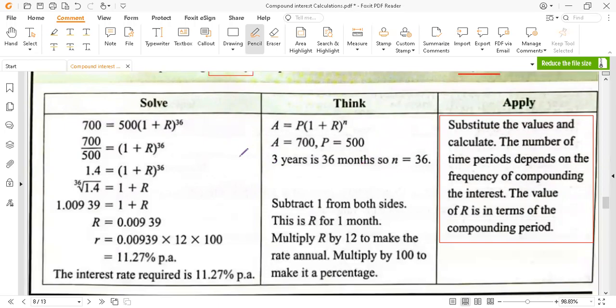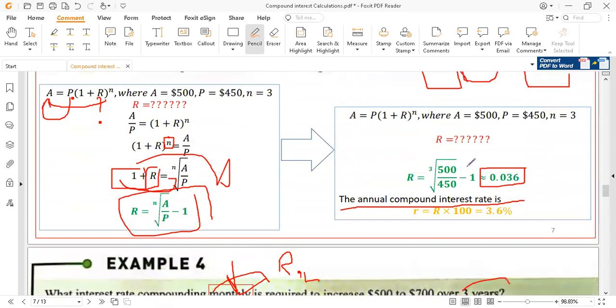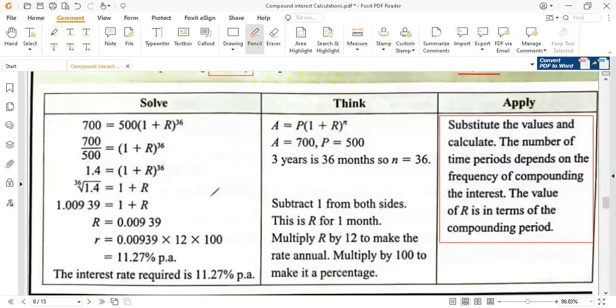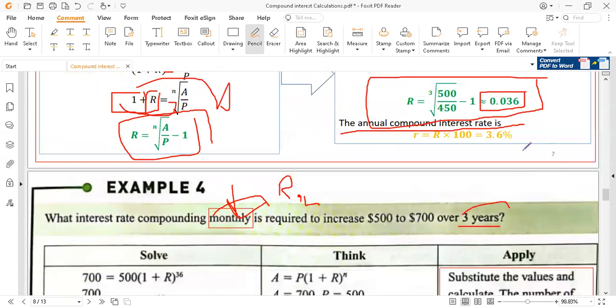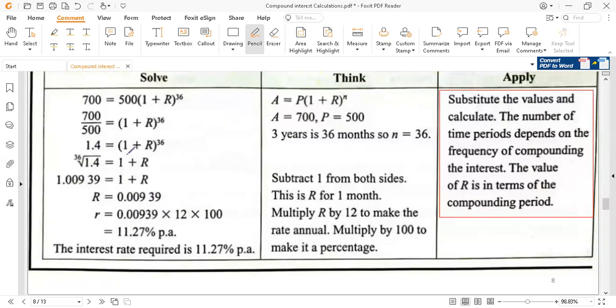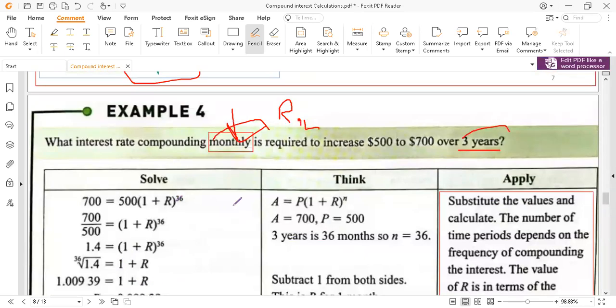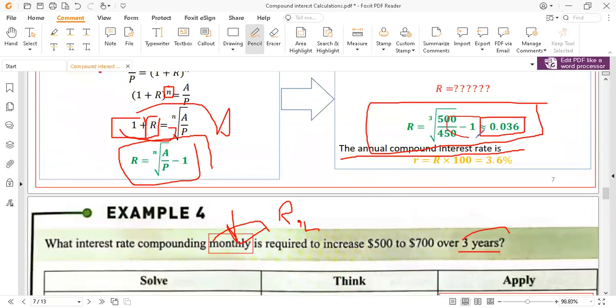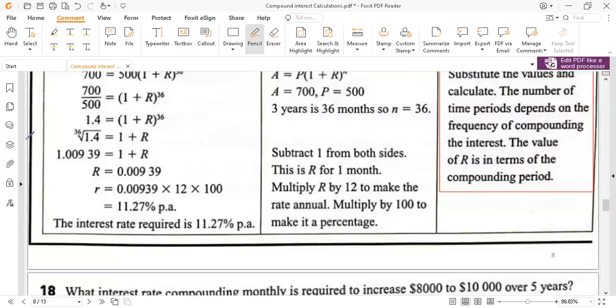So normally we calculate and we can use the same formula because we have the same terms. So we take the 36th root of 1.4, as we see here, and also we subtract 1 to obtain this value as big R, in a month.